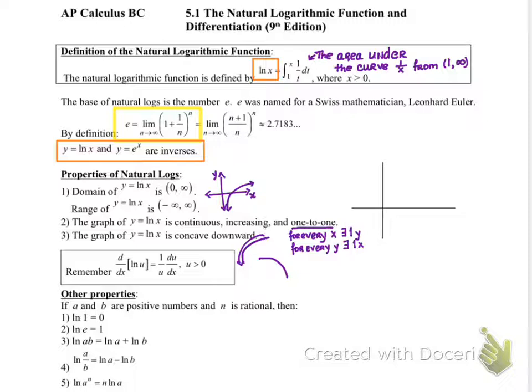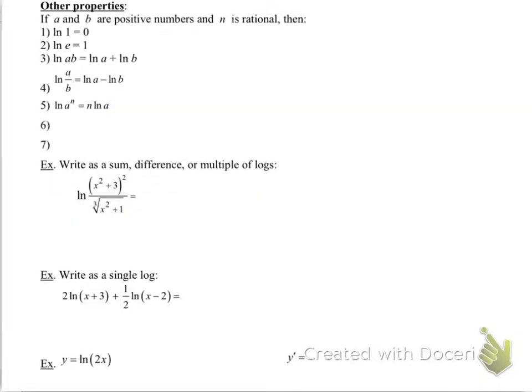The natural log of 1 is 0, the natural log of e is 1, the natural log of a times b is the natural log of a plus the natural log of b. The natural log of a divided by b is the natural log of a minus the natural log of b, and the natural log of a to the n equals, bringing the power up front, n natural log of a. Okay, we have a typo.